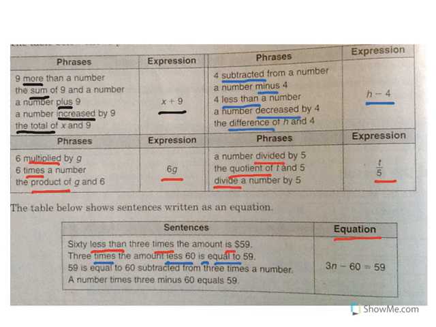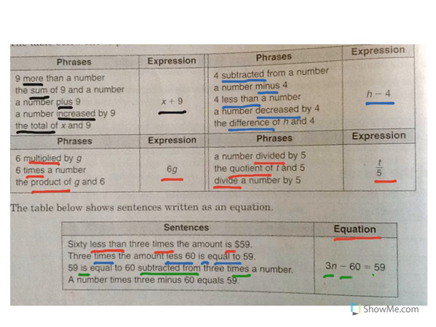So another way is 59 is equal to 60 subtracted from 3 times a number. Notice how we just changed that sentence around. We started with the is, that's the equal sign, and then equal to 60 subtracted from 3 times a number. So we just set it backwards.